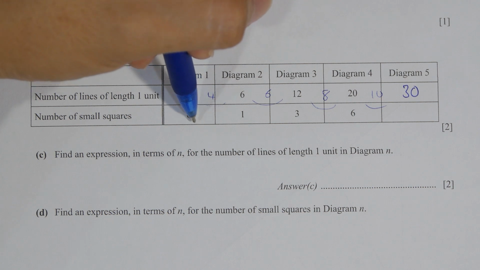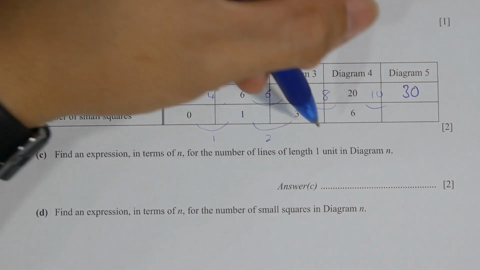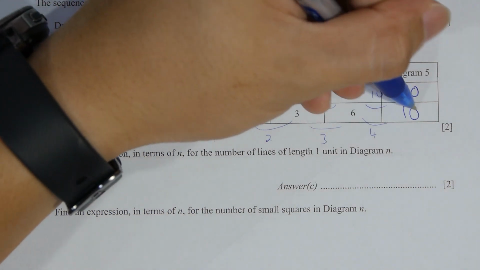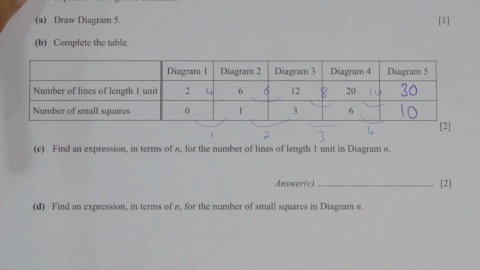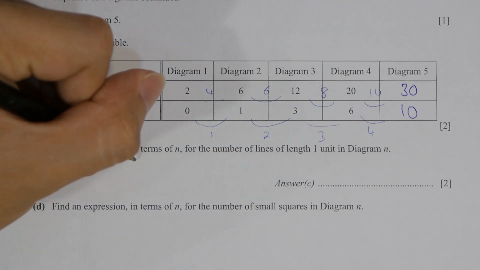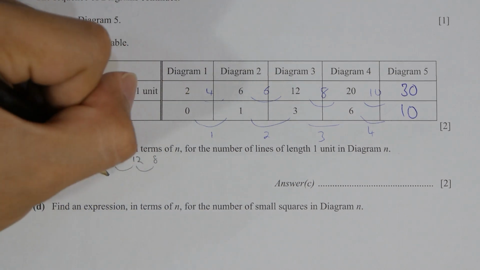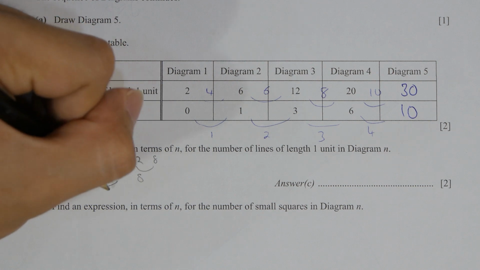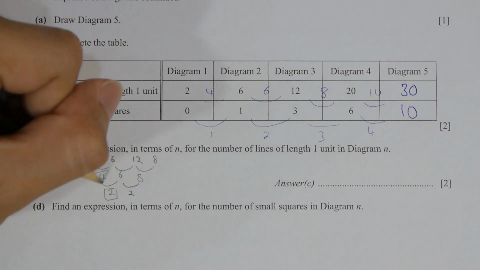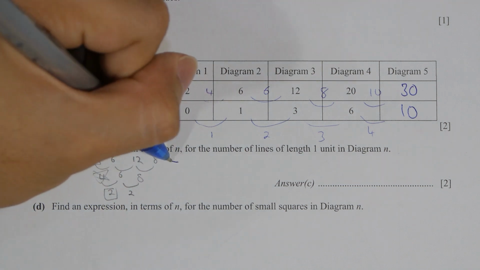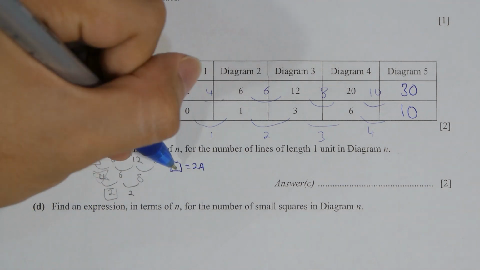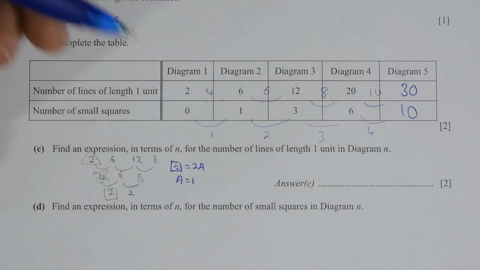As for the number of small squares, the term by term difference is actually 1. So simply add 6 with 4, then you will get 10. For part C, simply use the formula. Find the term by term difference twice, and since the last row is 2, 2, you are allowed to use the formula.